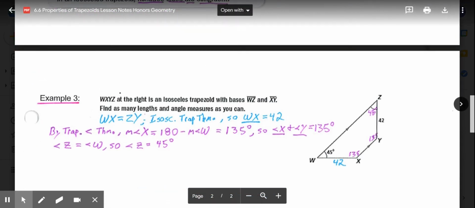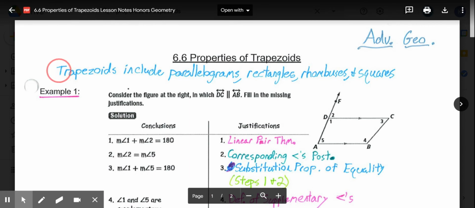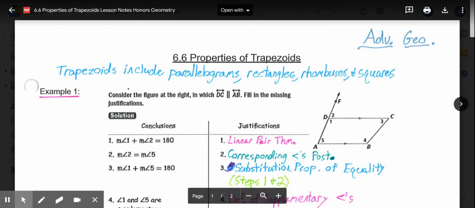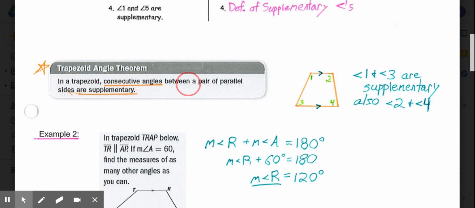But the big idea for this lesson goes back to the original statement that trapezoids, underneath them in the hierarchy, include parallelograms, rectangles, rhombuses, and squares. So we know that in a trapezoid, the consecutive angles between parallel sides are supplementary.